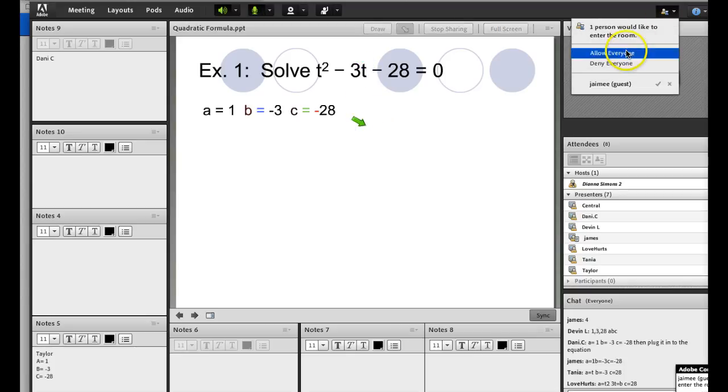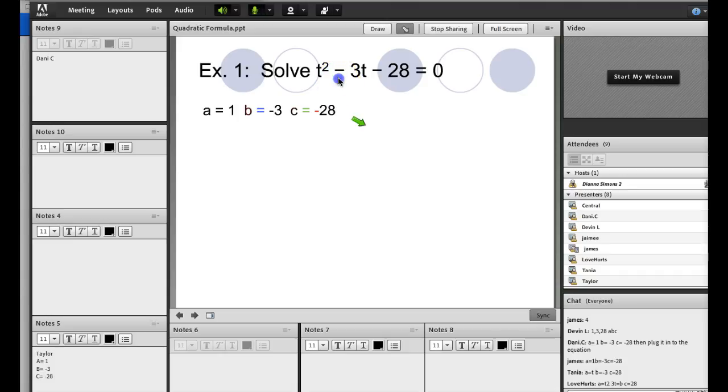Now, again, the B value is negative 3. Always keep the sign with the number, okay? And then C is negative 28. So, does that make sense to everyone? Smiley face, you guys here, shake your heads. Excellent.